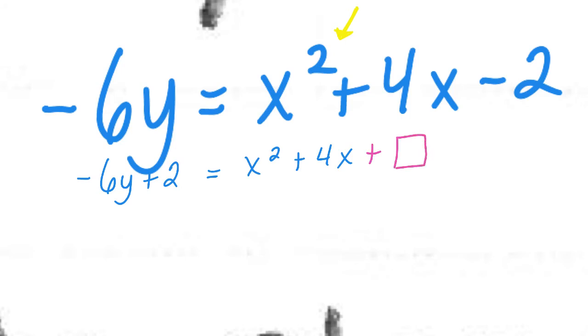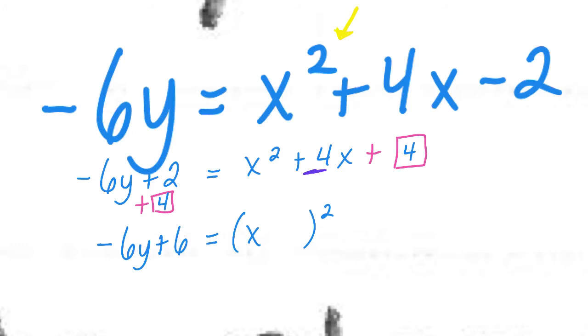I need to complete the square on each side. So we take half of the b term, 4, and we square it to get 4. When I add to one side, I add to the other. And I get negative 6y plus 6 is equal to, notice my whole goal was making this a perfect square.